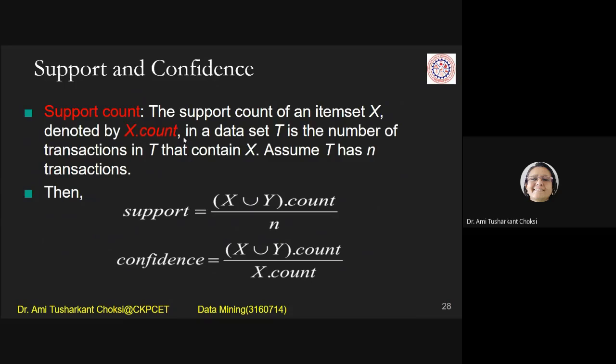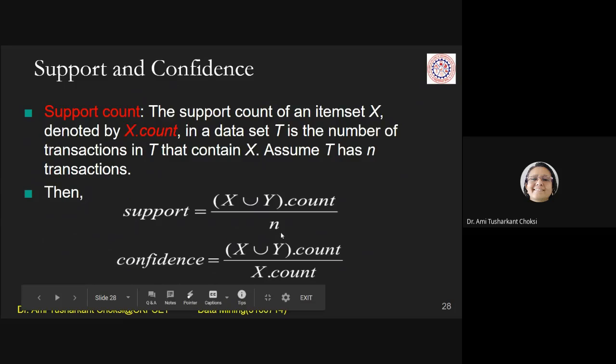That is, we need to find the count of that item in the data set, the number of transactions in T that contain X. Assume T has n transactions. So support is equal to X union Y dot count upon n.